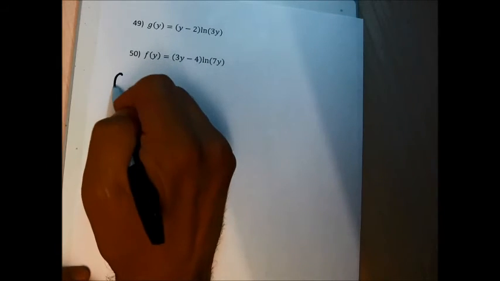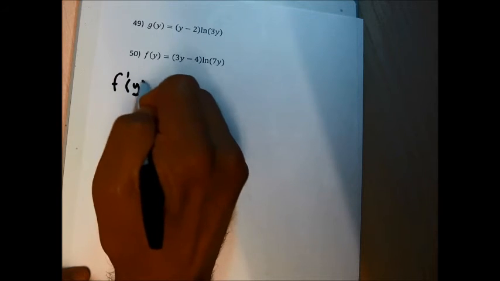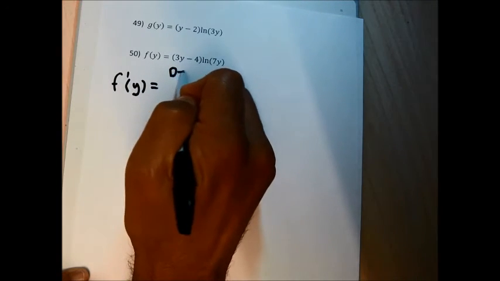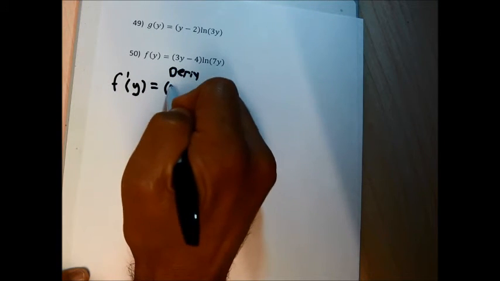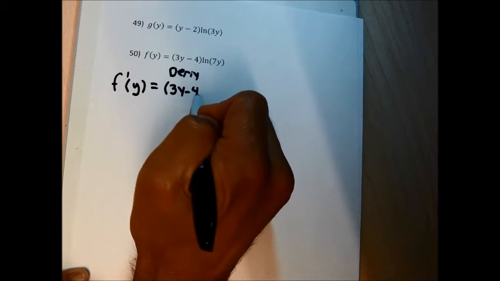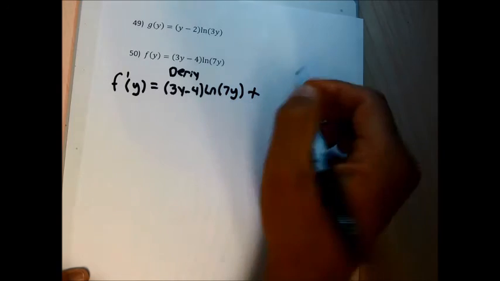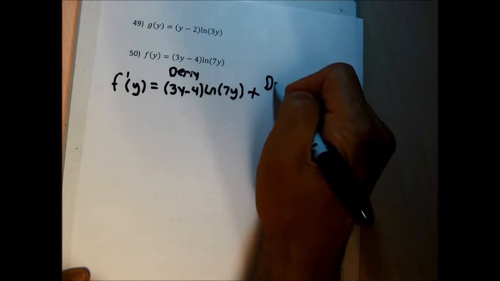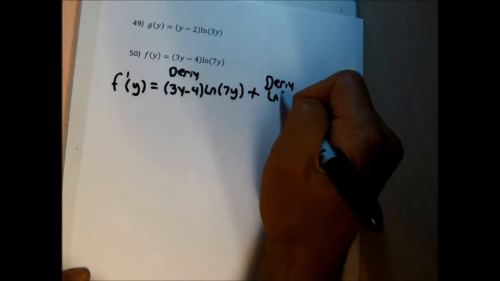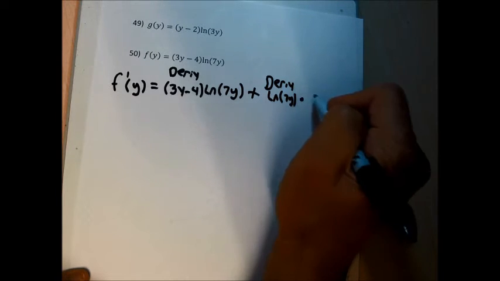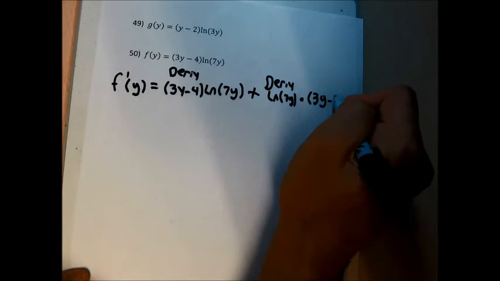Alright, another product rule. So f prime of y is going to be the derivative of 3y minus 4 times the natural log of 7y plus the derivative of the natural log of 7y times 3y minus 4.